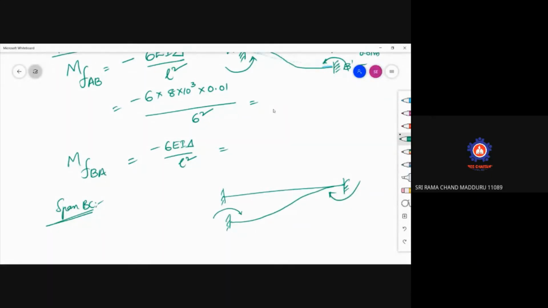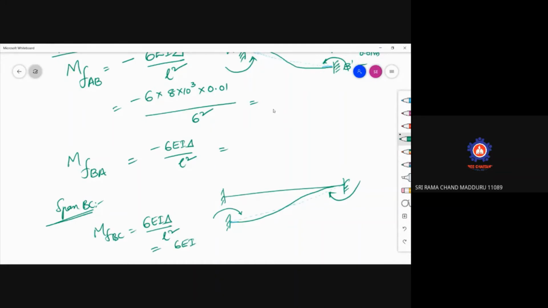Now see in this case, the beam tries to deflect like this, but the support at this point makes the rotation 0 as fixity is there. Here also the rotation should be 0. That's why clockwise moments are developed. So these clockwise moments, MFBC, according to the length here, is clockwise 6EI delta by L square. L is 4 here.